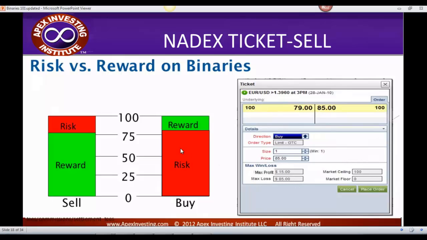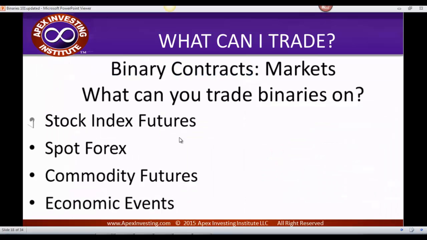Okay, so just again, remember, if we use this number of 75, if we sell something at 75, that means our risk is only $25 and our reward is 75. If we buy at 75, our risk is 75 and the profit potential of 100.